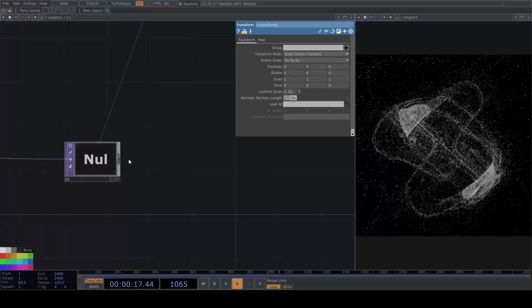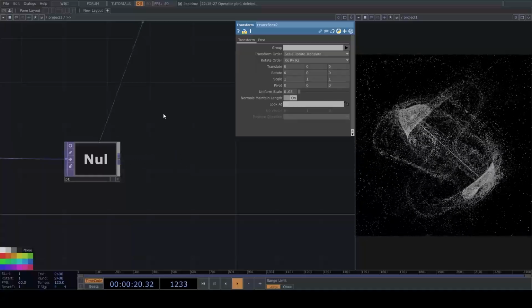And also let's rotate each cube a little.